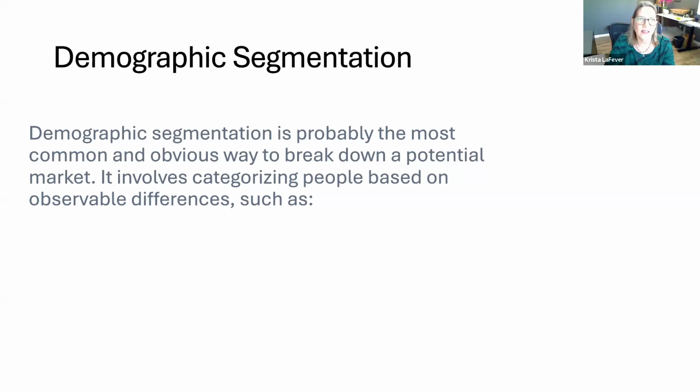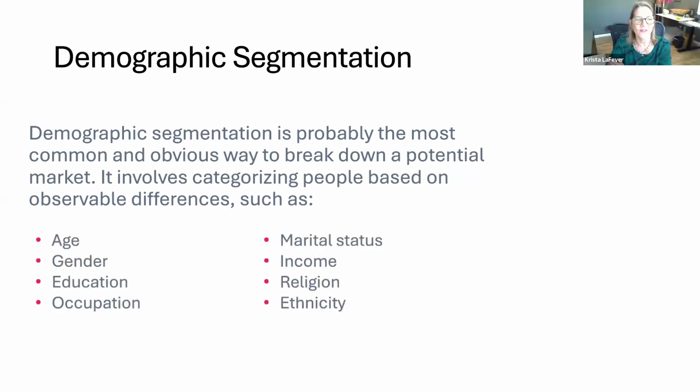The demographic segment is something that we're all probably familiar with. It's categorizing people based on differences such as, can somebody guess what a demographic segmentation example might be? Age. Age, very good. That's the first one on there. Gender, education, occupation, marital status, income, religion, ethnicity.